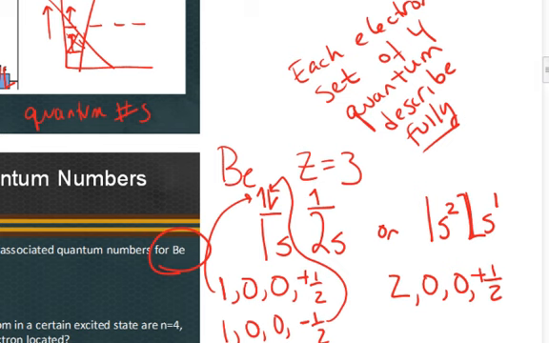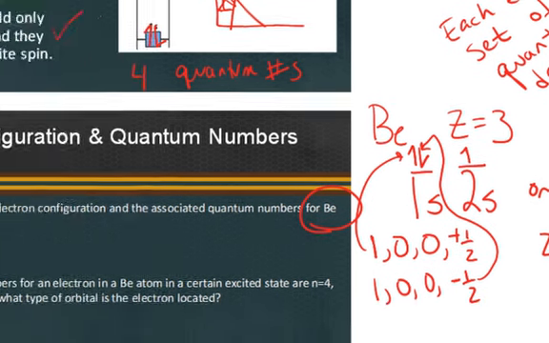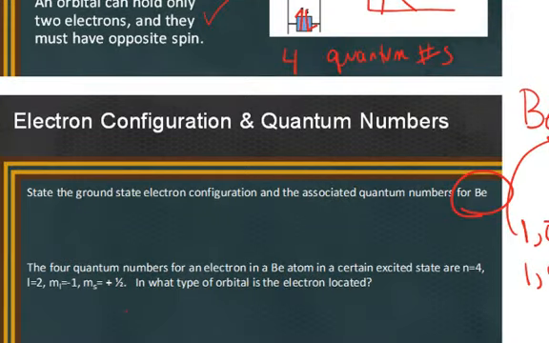And then the next question says the 4 quantum numbers for an electron in a beryllium atom in a certain excited state are n equals 4, l equals 2, m equals 1, m sub s equals plus 1/2. What type of orbital is this electron located in? All right, if n is 4, then it's the orbital with energy level 4. l equals 2: when l equals 0, it's s; when l equals 1, it's p; when l equals 2, it's d.